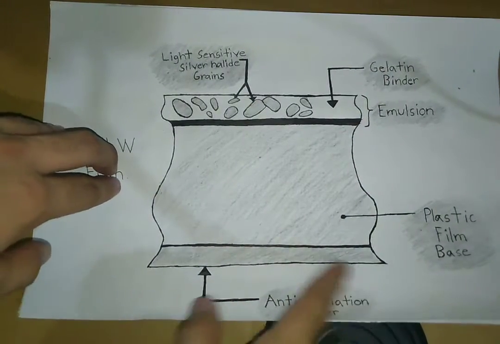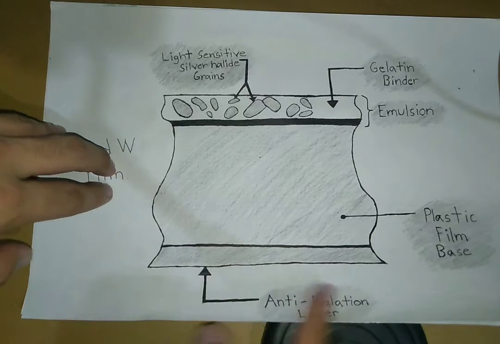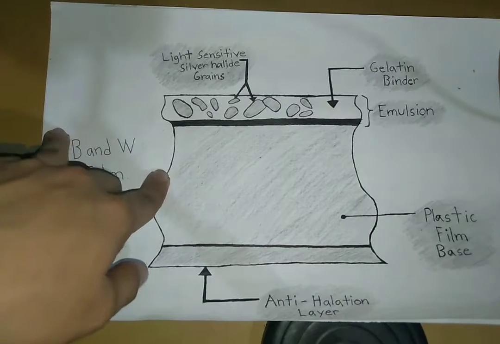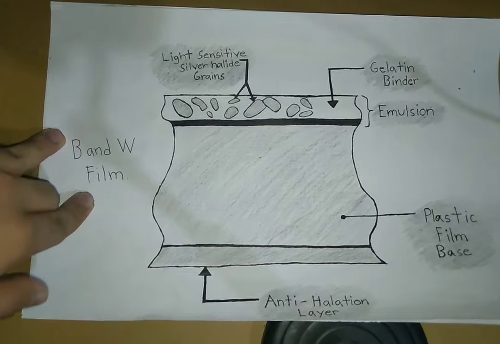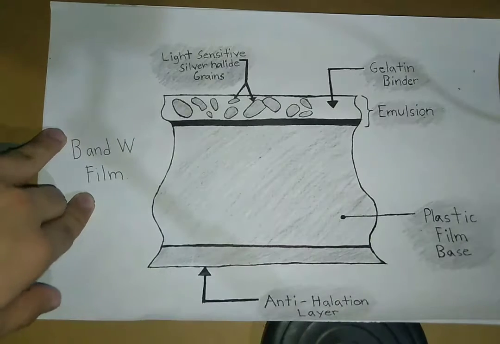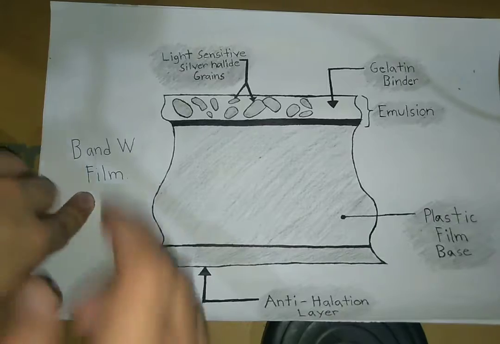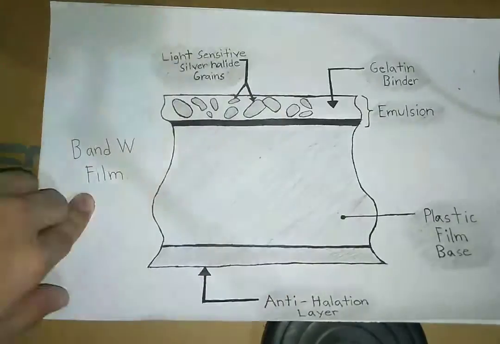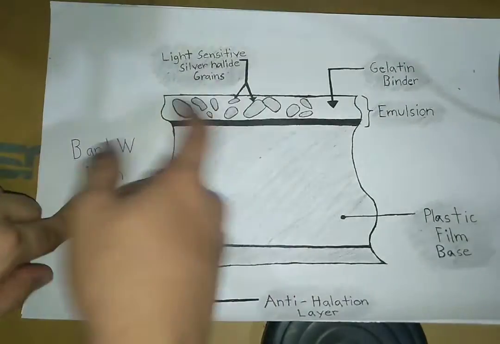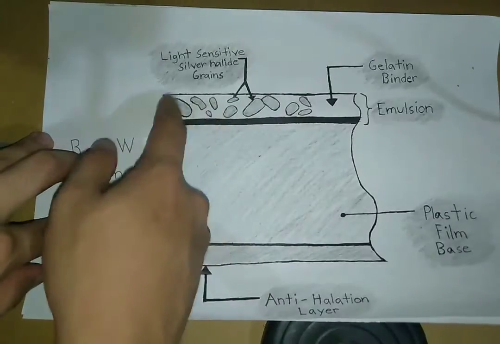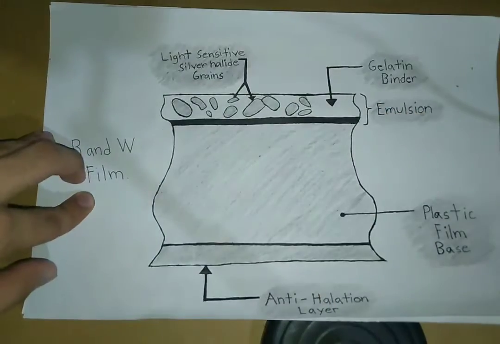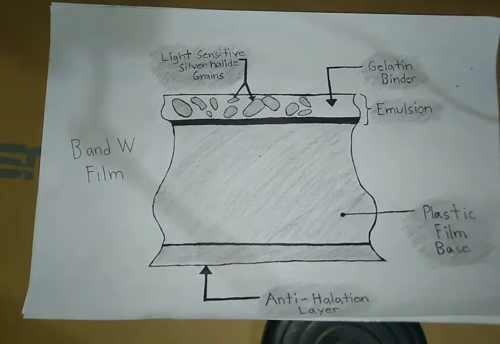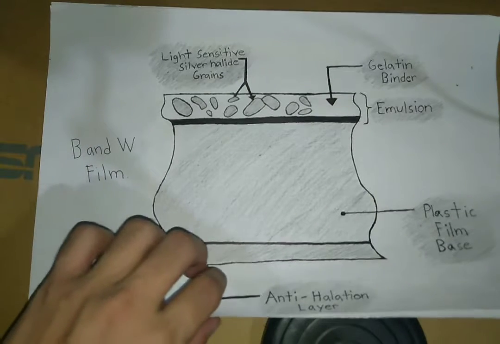Imagine, if there were no anti-halation layer, what would happen? The light would bounce back first. And then, no image could be captured. And then, nothing would catch the absorbed light coming from these silver halide grains, our emulsion layer. It's that easy. So, that is our black and white film.